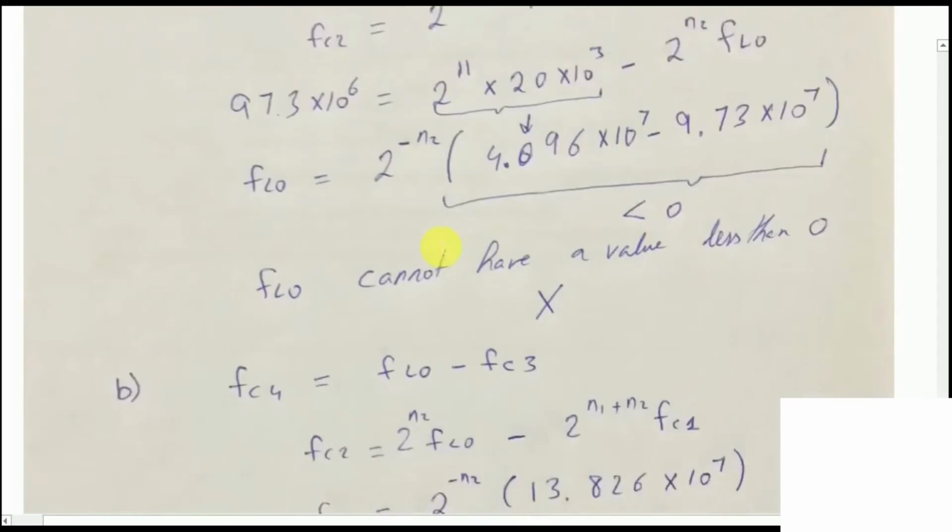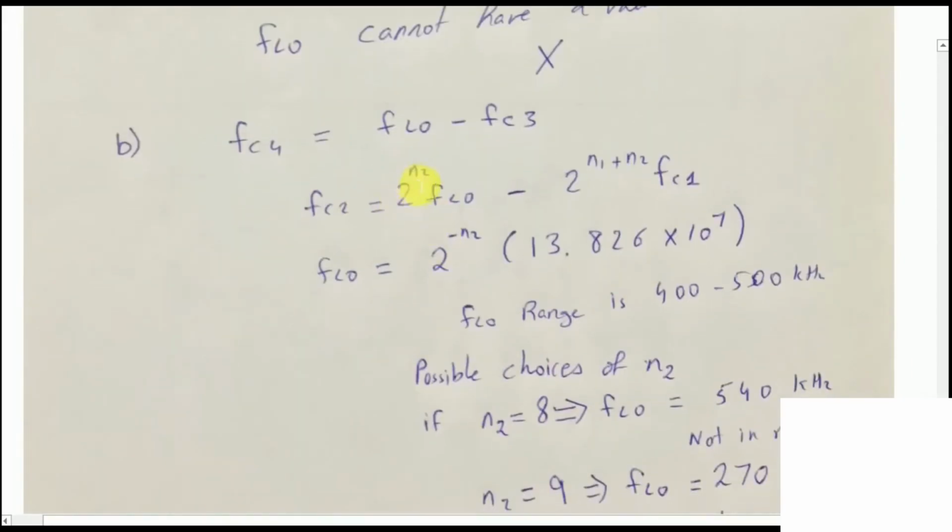So this is done over here. So 2 power n2 FLO minus 2 power n1 plus n2 times FC1, the carrier frequency of the narrowband FM. We know the value of this one, FC2, that is the output of narrowband FM, and we know the value of this, which is 2 raised to power 11, and we know the carrier frequency at the output of narrowband FM.